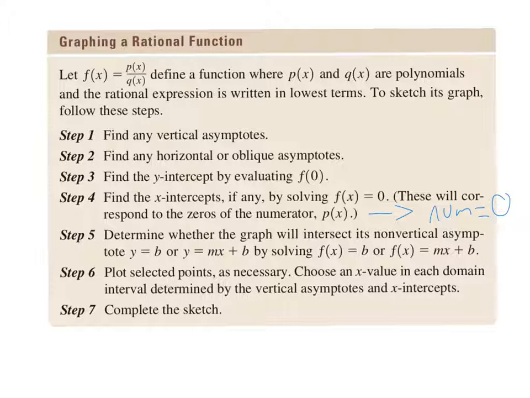Determine whether it crosses its non-vertical asymptote by setting the function equal to b, or the non-vertical asymptote, the slanted one. Plot any necessary points and then complete the sketch by connecting the dots. I have some examples of what this would look like.